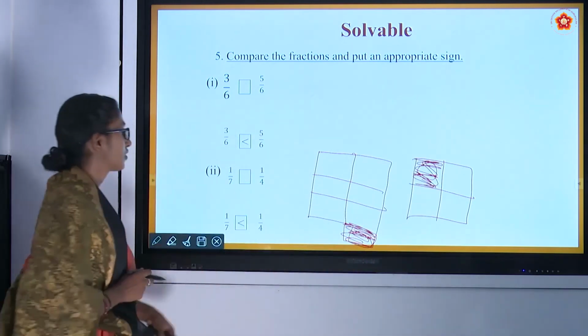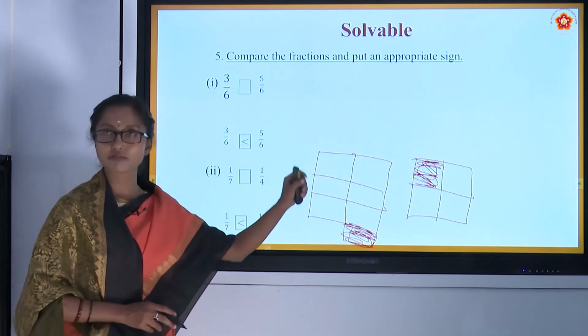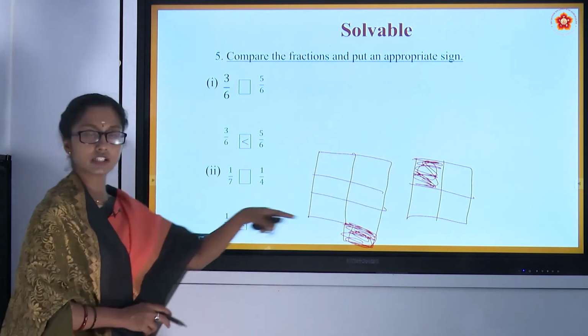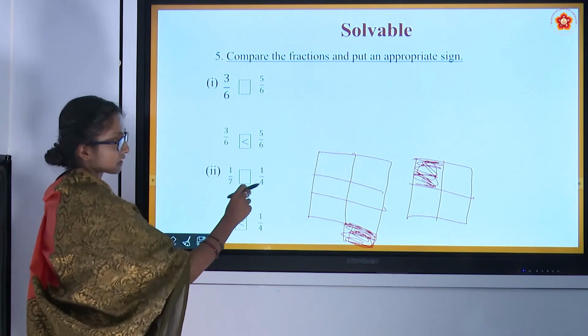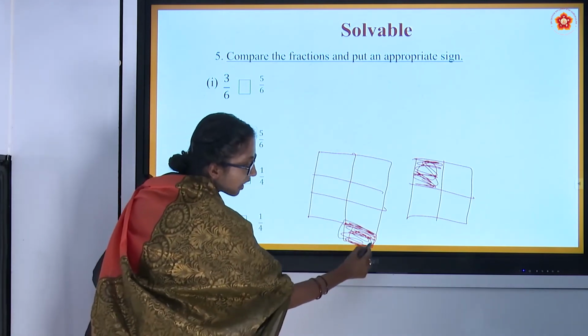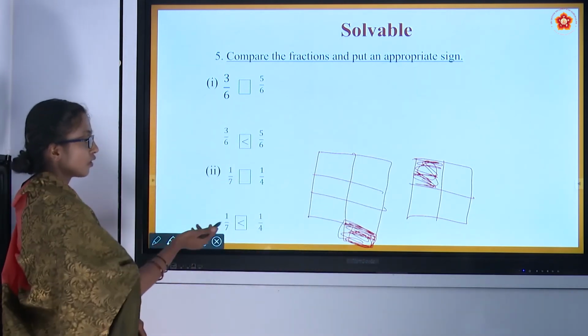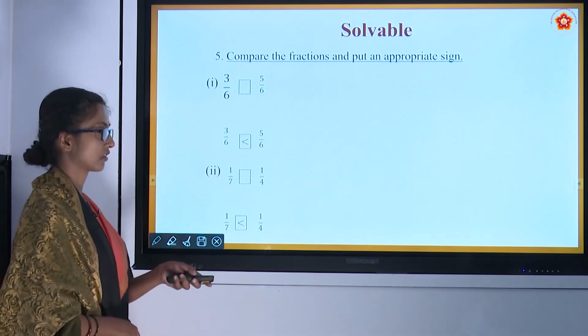So when you compare 1 by 7 and 1 by 4, 1 by 4 is greater because of the size of the pieces, right? Even though in both fractions only one part is shaded, this part is smaller and this one is the bigger part. So 1 by 4 is greater than 1 by 7.